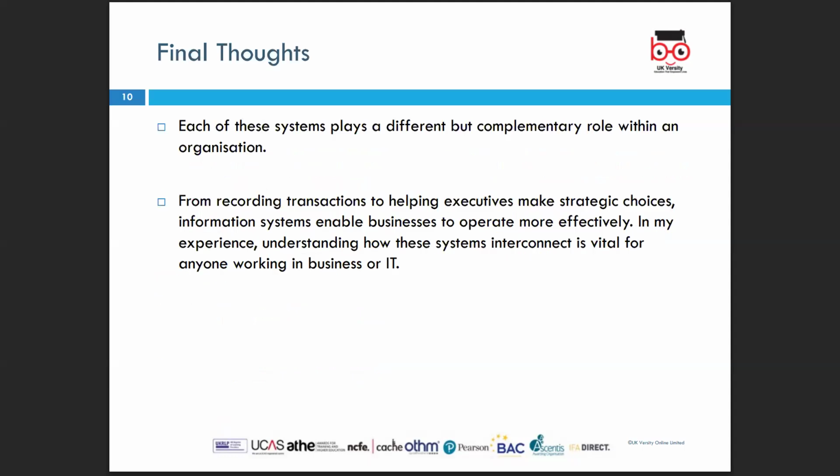So in a nutshell, each of these systems plays a different but complementary role within an organization, from recording transactions to helping executives make strategic choices. Information systems enable businesses to operate more efficiently, and understanding how these systems interconnect is crucial for anyone working in business or IT.